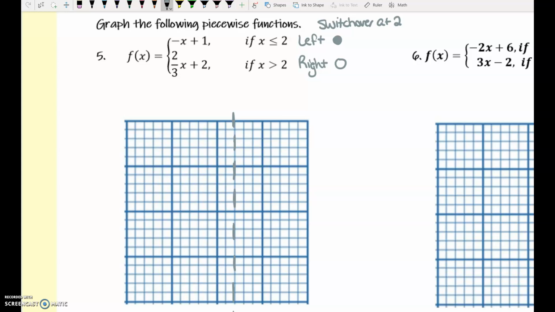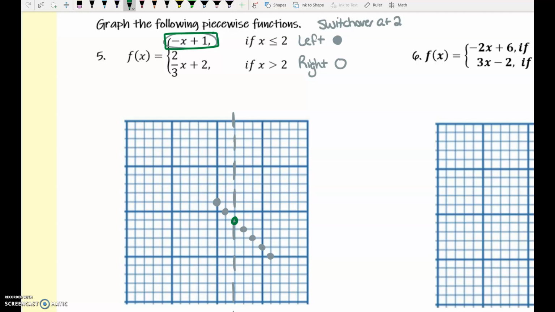Now let's actually graph. So if I graph this one, negative x plus 1, we start at 1 on the y-axis, and we use a slope of negative 1. I'm going to have this one be green for my final answer. We said that this one had to be on the left side of that line with a solid dot.